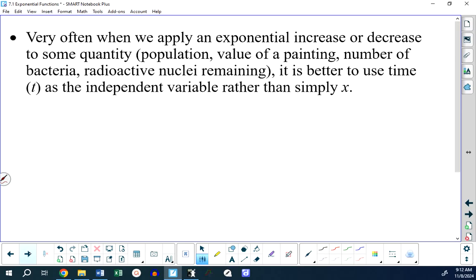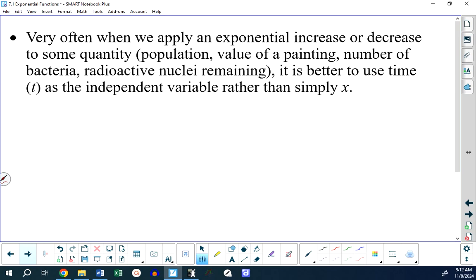So, quite often, we do not have 1 to begin with. I hope you would agree that it's pretty rare for something that's going to experience exponential growth or decay. It would be pretty rare to have 1 as the initial value.